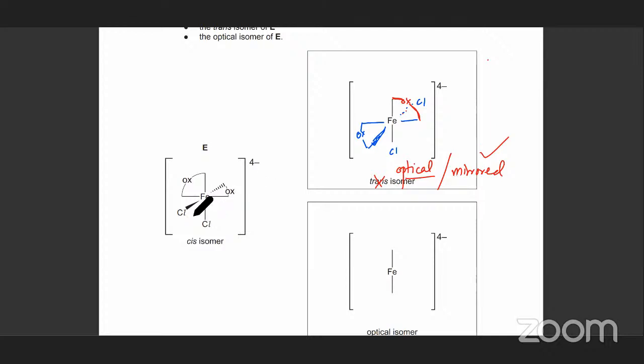Sir, the Cl that you made here, shouldn't it be down? Which one? The dotted line connected with Cl, everything should be... Oh yes, exactly, I did this wrong. You're right, left and right have to be switched, right? Just one second. Left to right. Oh no, a lot of things I did not switch left to right. I literally have to switch it left to right. Just one second, even the OX are wrong.